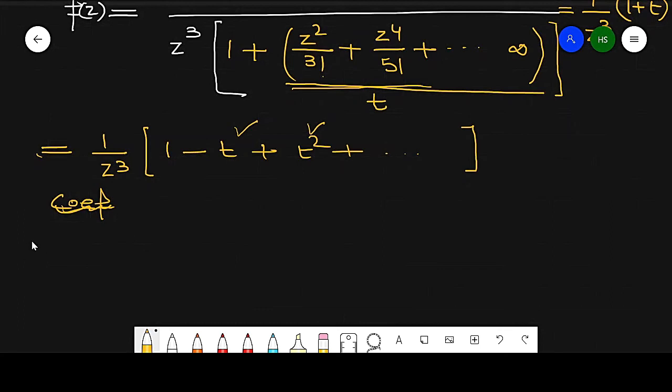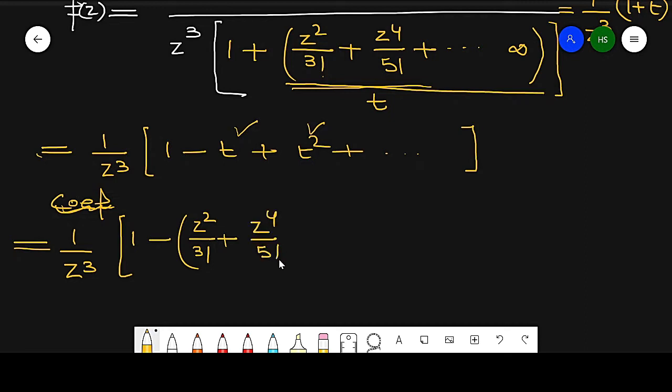This value is 1 by z cube, first term 1 minus z square over 3 factorial plus z4 by 5 factorial plus and so on up to infinity, plus the second term, this term raised to power 2, and so on.